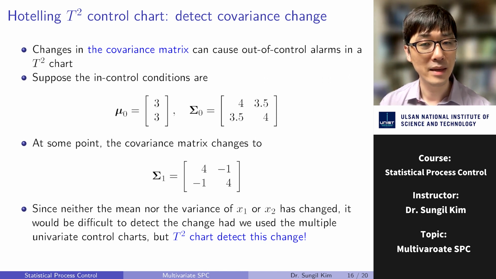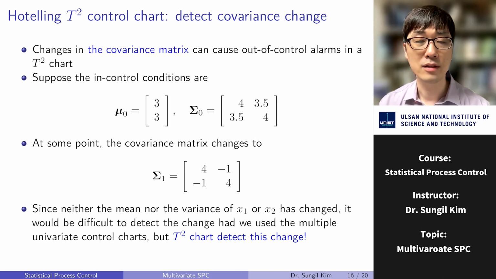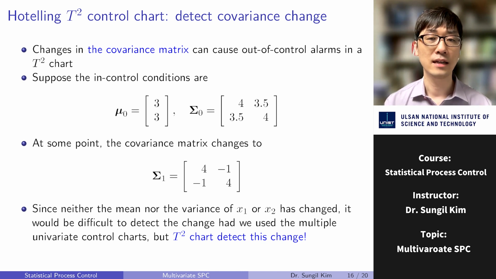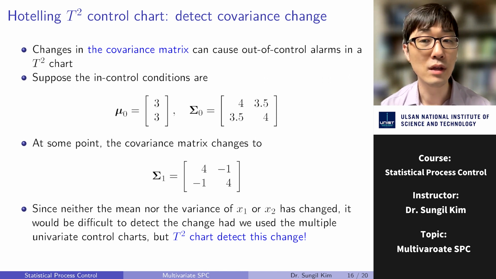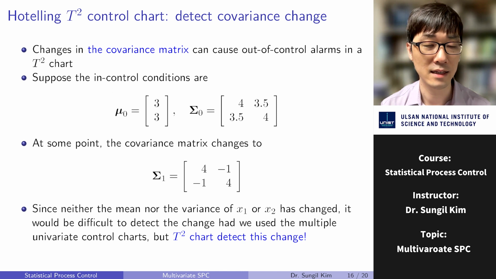Since neither the mean nor the variance of x1 or x2 has changed, it would be difficult to detect the change had we used multiple univariate control charts. But the T-square chart detects this change.